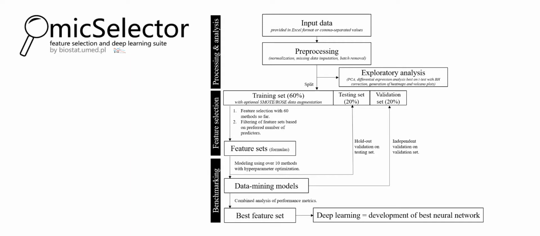After we combine the metrics from the various data mining models, we can suggest which set is performing in the best manner. In the last step, you can use our deep learning module to develop a best-performing deep neural network, meaning a feed-forward neural network with up to 3 hidden layers, and develop a final classification diagnostic model, which can hopefully be published.